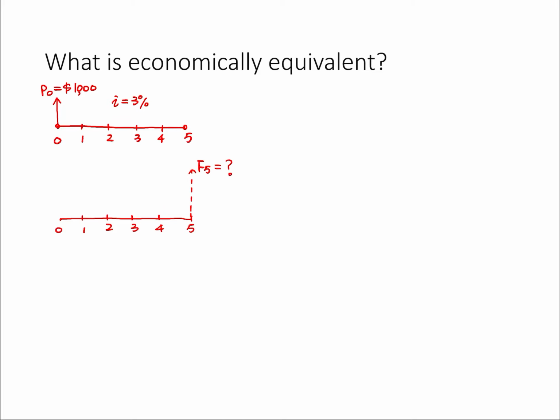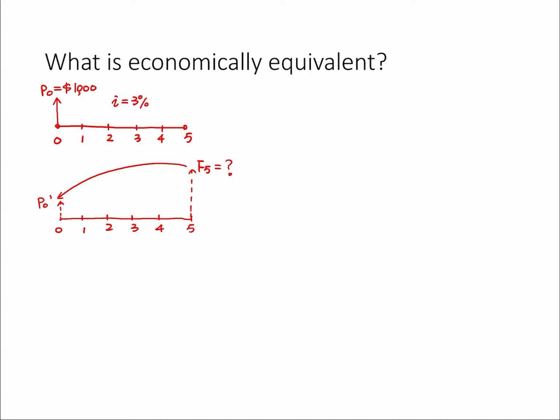Okay, and if you convert this future money at year number 5, the F5, back to time 0, somehow you will get a P0 again, right?